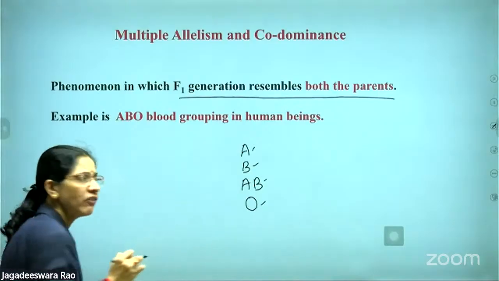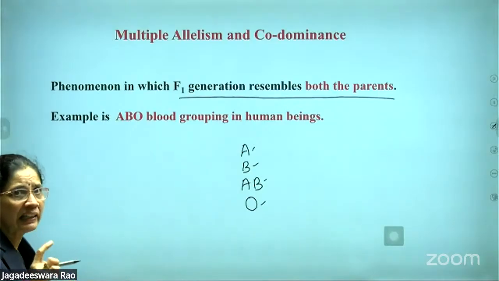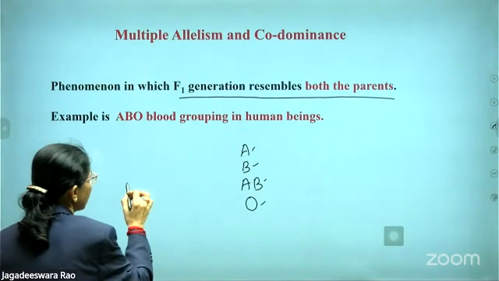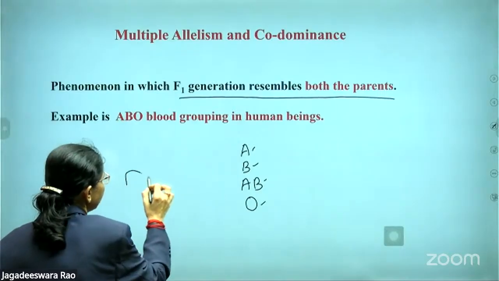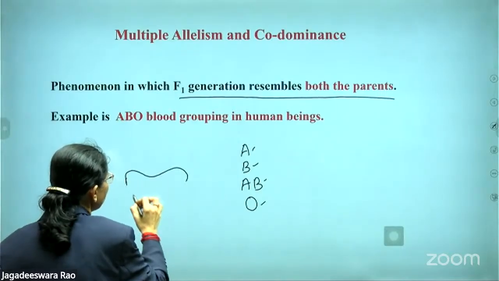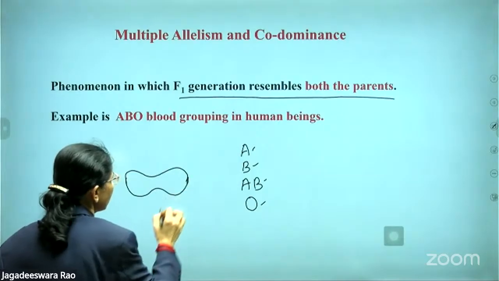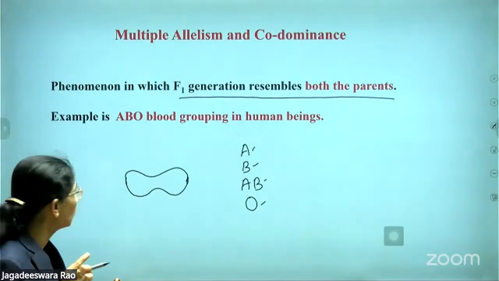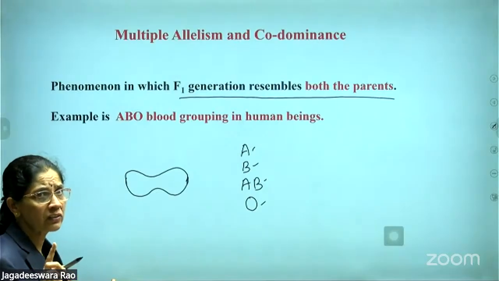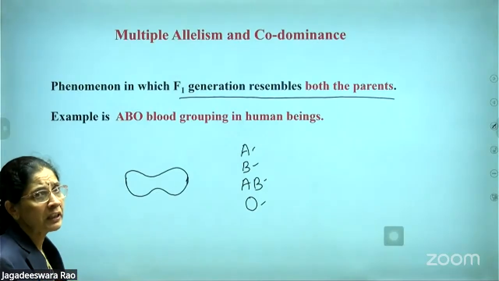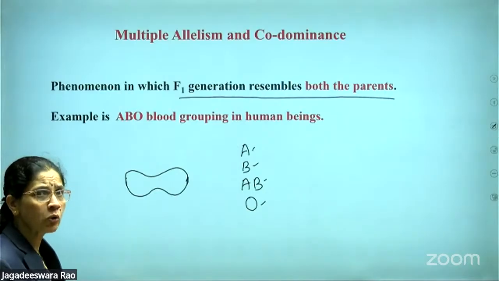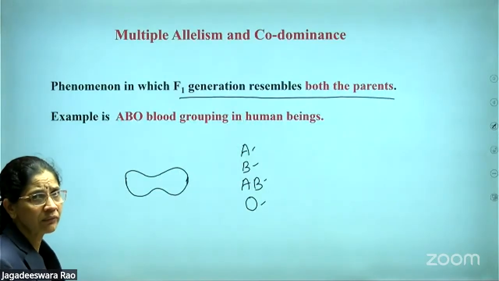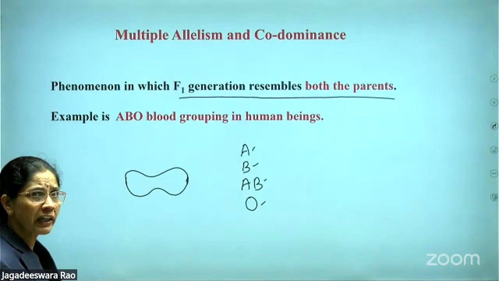In our blood, there is a cell called the red blood cell, RBC, erythrocyte. Its shape is biconcave, and it does not have any nucleus or mitochondria. You know very well its function: it has a pigment called hemoglobin. It carries oxygen. Yes, this much information you already have.